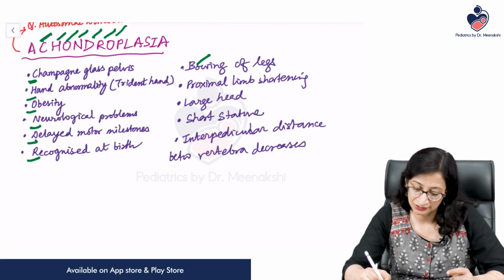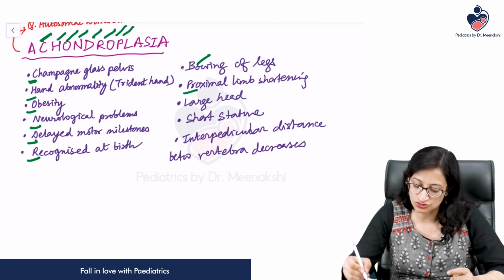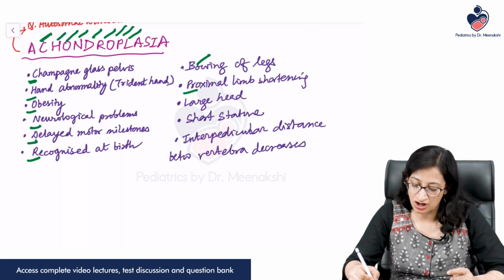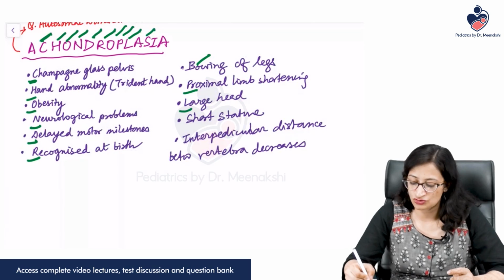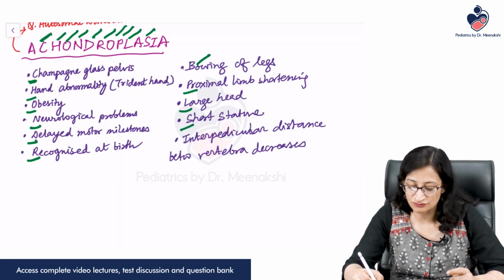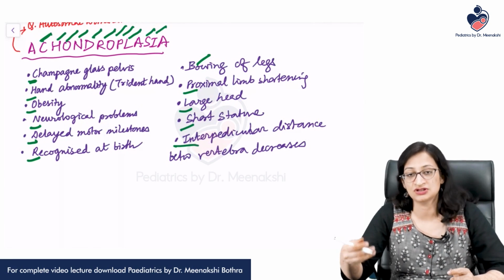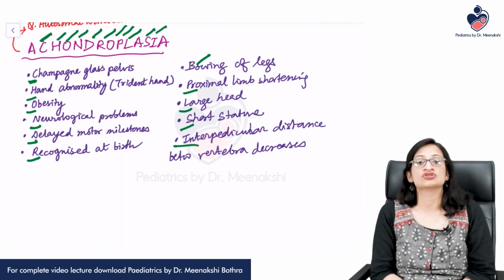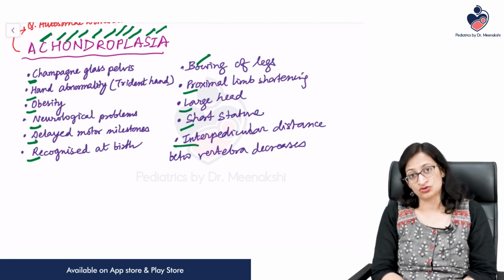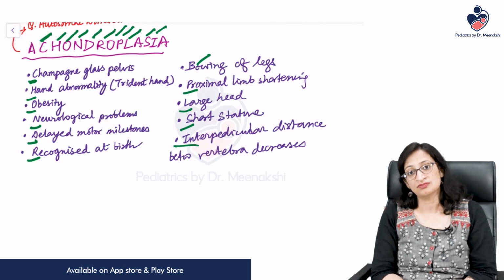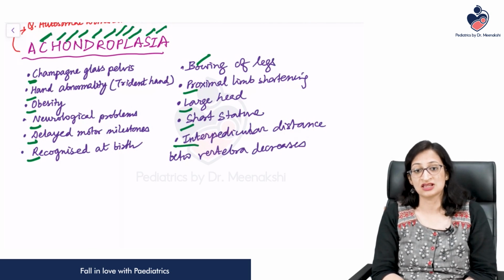Okay. P proximal limb shortening. L for large head. S for short stature. And I for the interpedicular distance between the vertebra decreases. So these are the important features of achondroplasia which we can remember by the word achondroplasia itself.